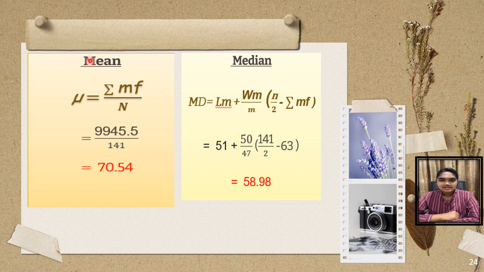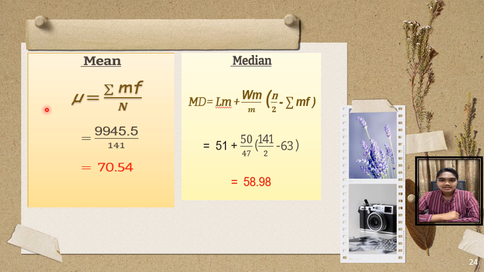Now the mean. This symbol is for population because we include all the IPTA and IPTS students, not only the UPSI students, so we are using the population symbol. The formula for population mean is sigma MF divided by N. We find all the MF values in order to find the mean.